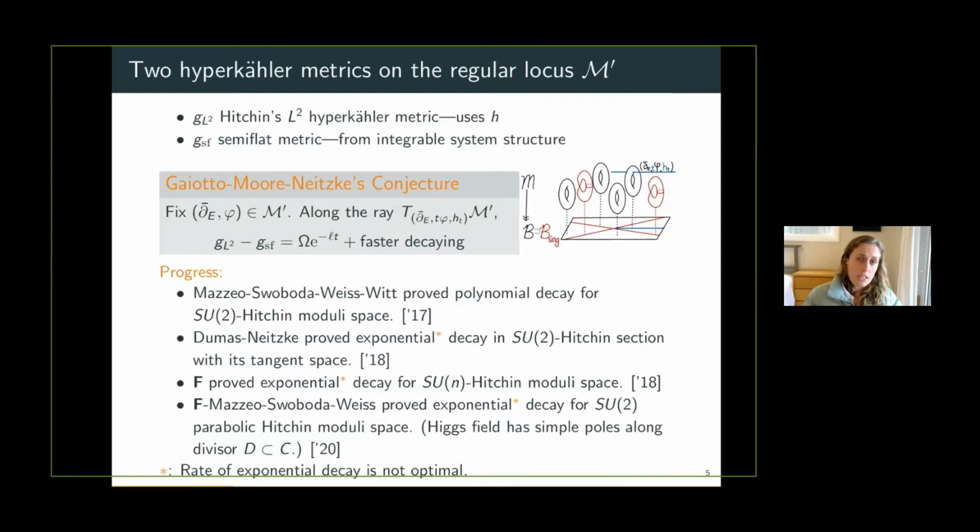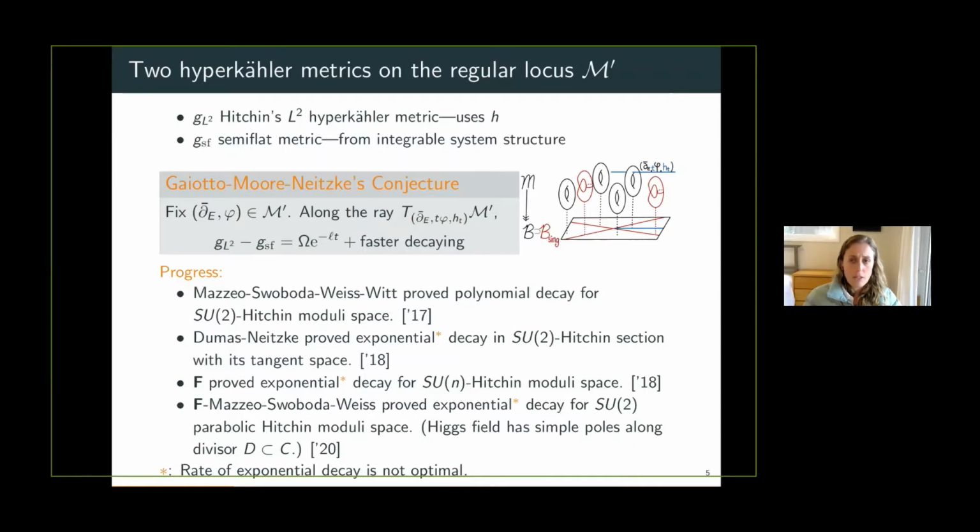But then there's a much easier metric called the semi-flat metric. This is flat on the torus fibers, which is why it's called semi-flat, and it's not flat on the base. It comes directly from the integrable system structure, and was defined in the work of Dan Freed.